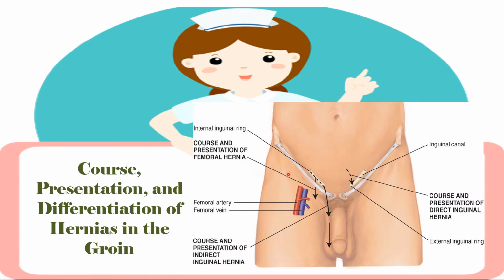Okay, so this is just another course, presentation and differentiation of the hernia in the groin. This is the internal inguinal ring. This shows the course and presentation of femoral hernia that occurs here. This is the inguinal canal.